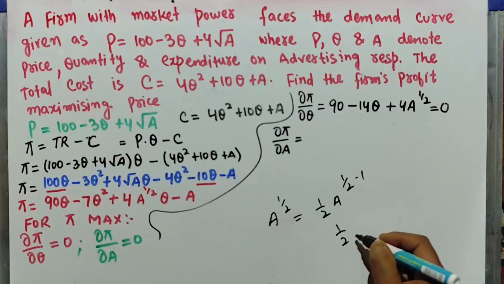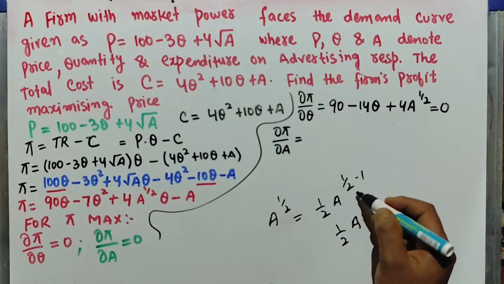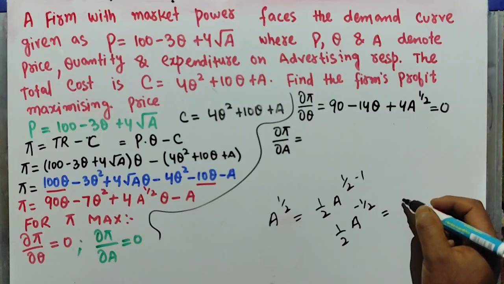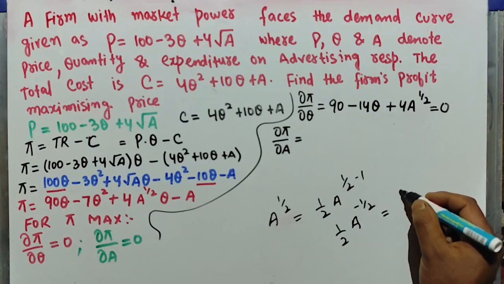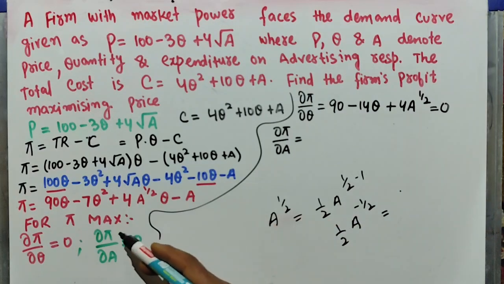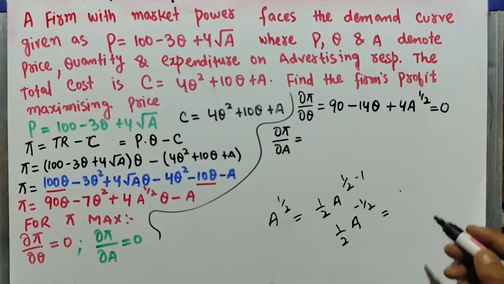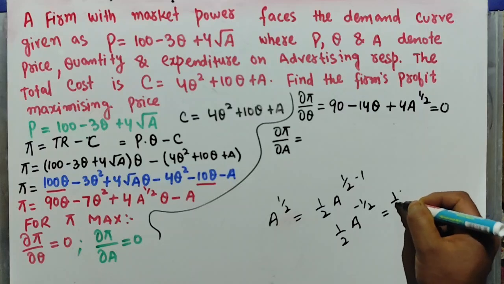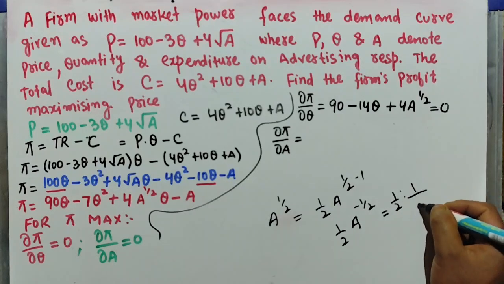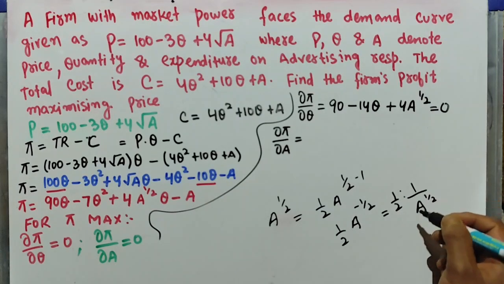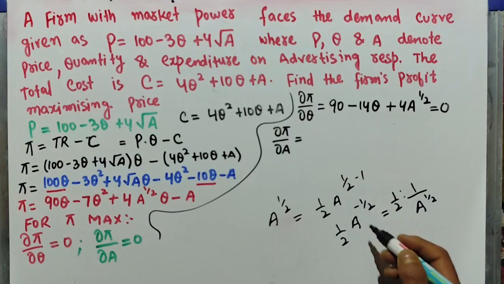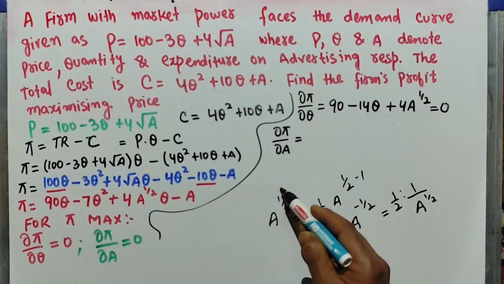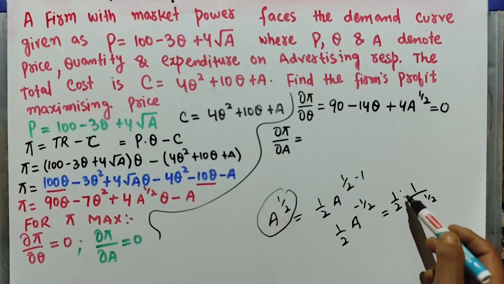So we get 1 upon 2 A raised to power minus 1 upon 2, which we can also write as 1 upon 2 times 1 upon A raised to power 1 upon 2, because transposing numerator to denominator changes the exponent sign.